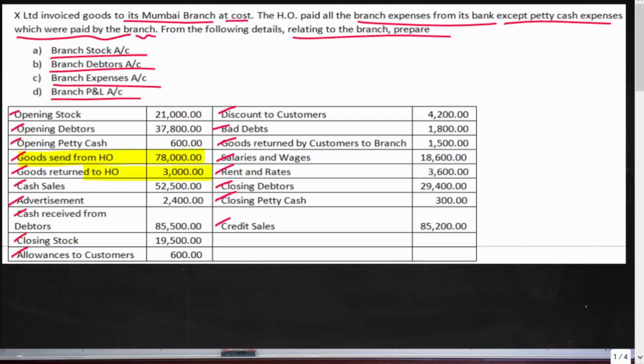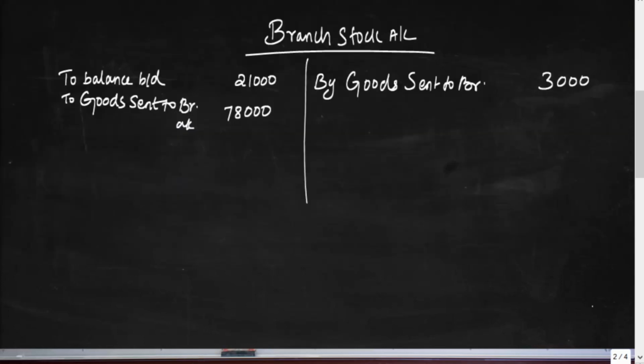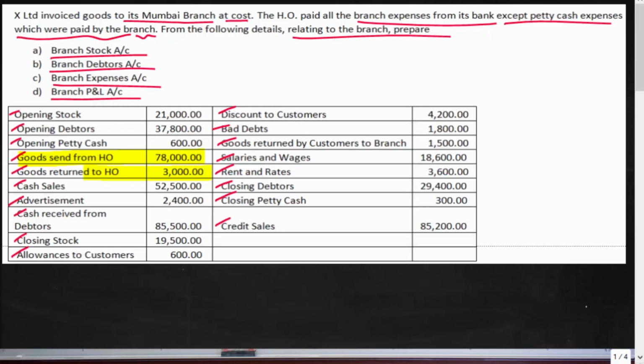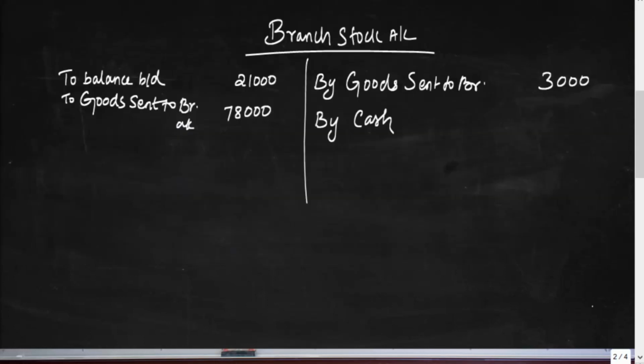And going back, we have cash sales. Cash sales reduces the stock, so that it should come under branch stock account, and that money is going to be sent back to HO. So by cash. What is the amount? Amount is 52,500. So here we write by cash 52,500.